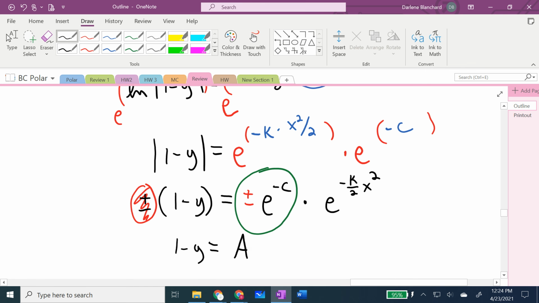I'm just going to put a capital A for that. You can use any letter that isn't already being used. I would recommend that at this moment, you plug your known point into the x and y and solve for the unknown constant.